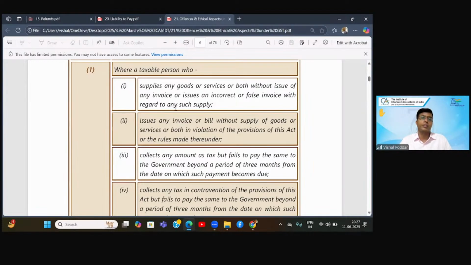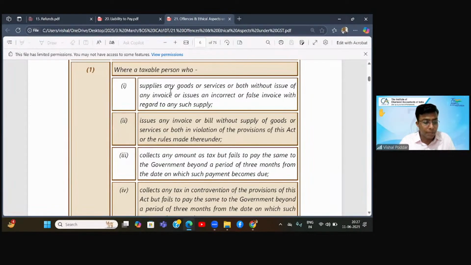So see, you can clearly understand from this why it is put in the category of offense. Because what you have done, you have supplied goods, but you have not given invoice. Now you can understand why it is so severe. Because when you are selling goods, but you are not giving invoice, it is a clear-cut case of you trying to evade tax.